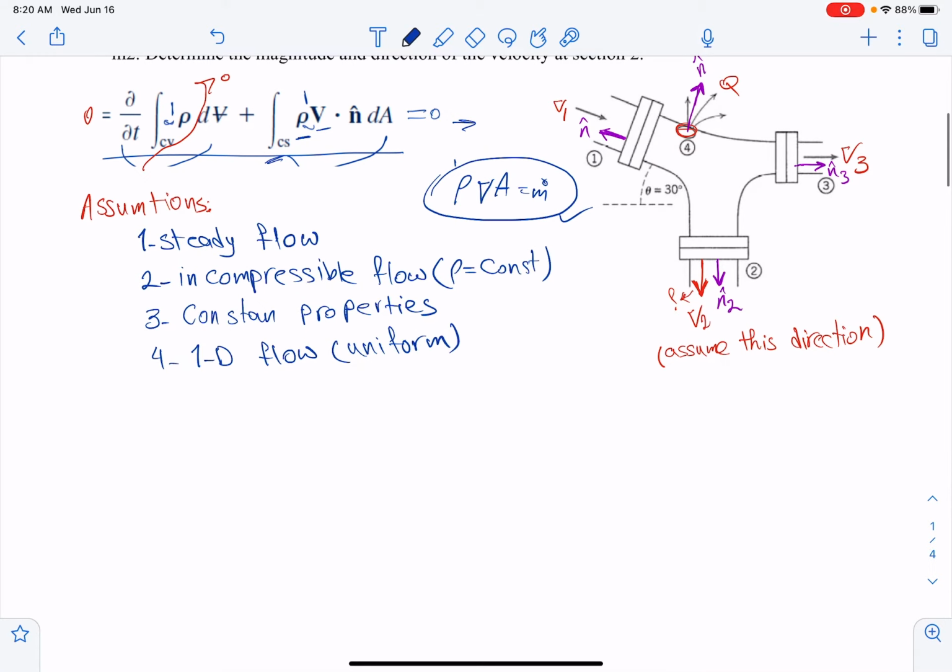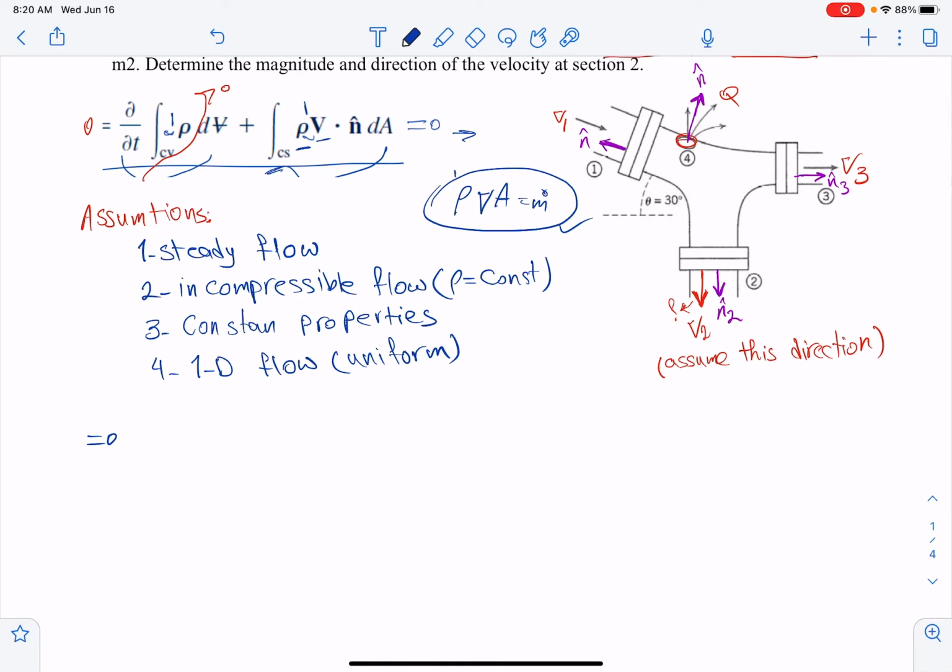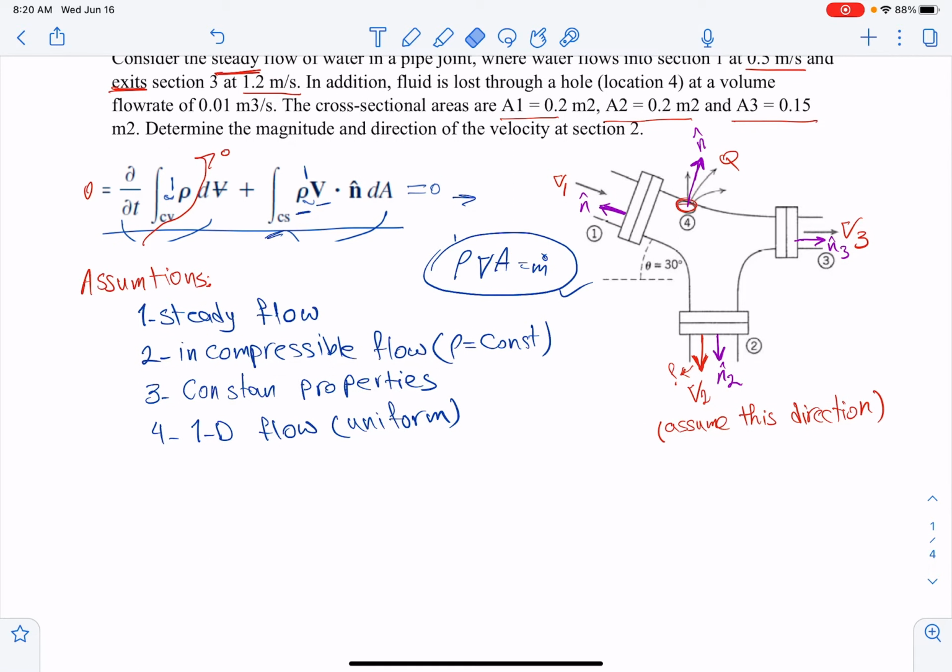Now let's apply this formula to all of these 4 sections that we have, because we need to use this control volume.